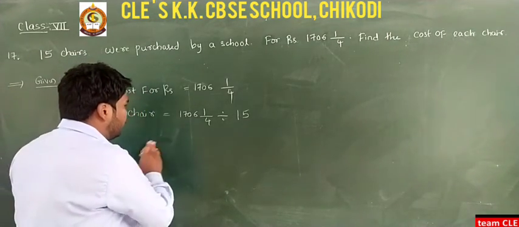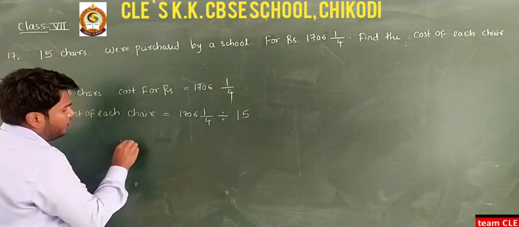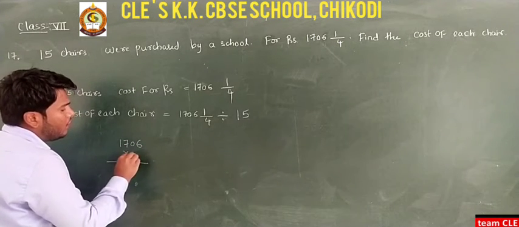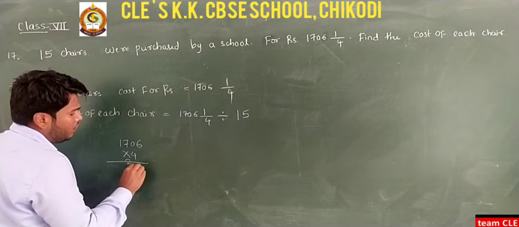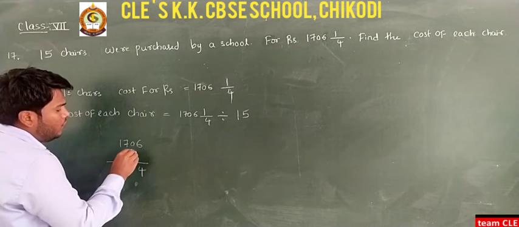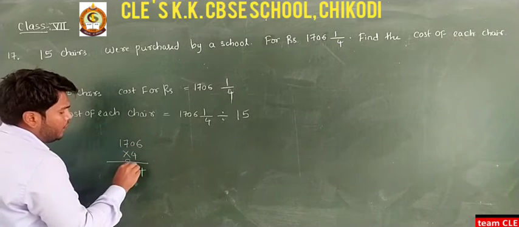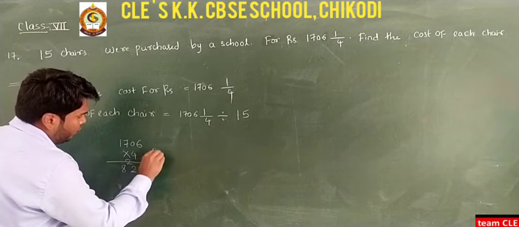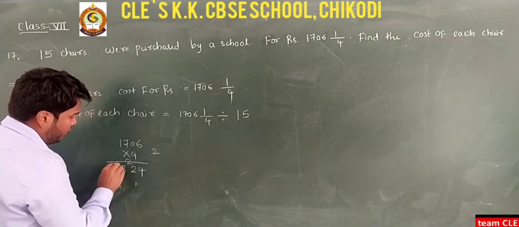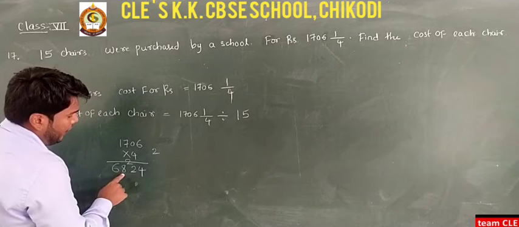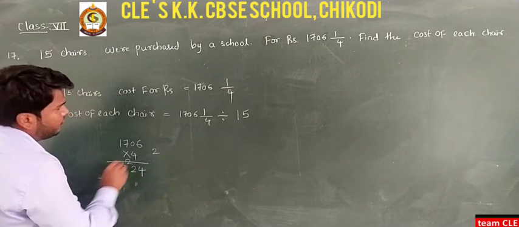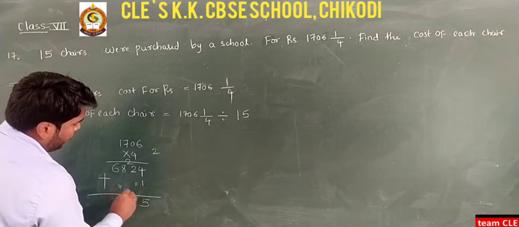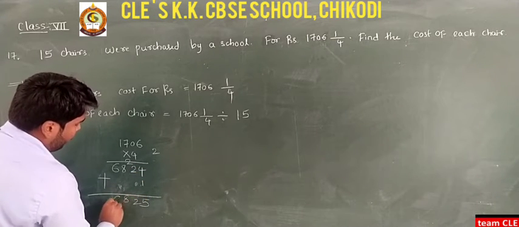See here, 1706, you multiply by 4 first. 6 fours are 24, write 4, carry 2. 0 is 0, plus 2 is 2. 7 fours are 28, write 8, carry 2. 4 ones are 4, 4 plus 2 is 6. So 6824, plus 1, gives 6825.